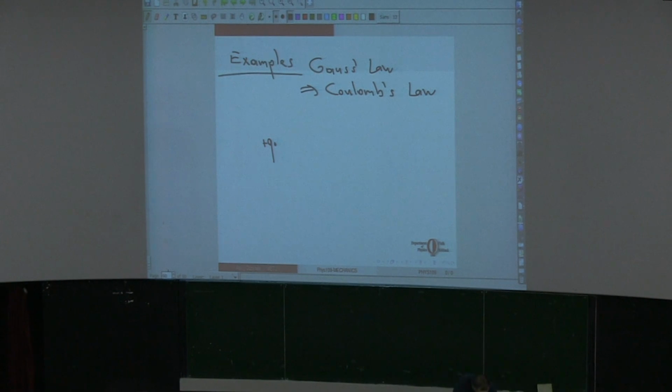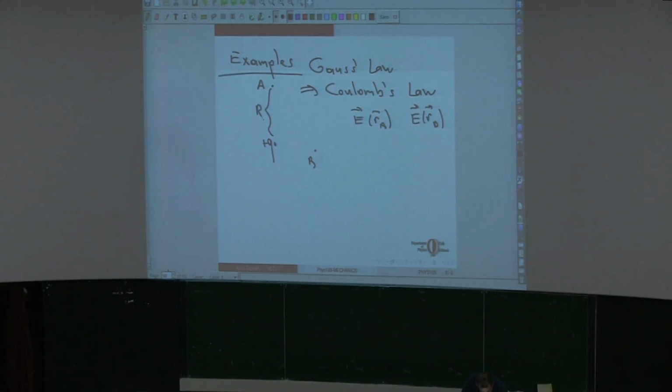Now, let's just take this point and this point. Point A and point B. What can you say about the electric field at the point A and the electric field at the point B? They are at the same distance.